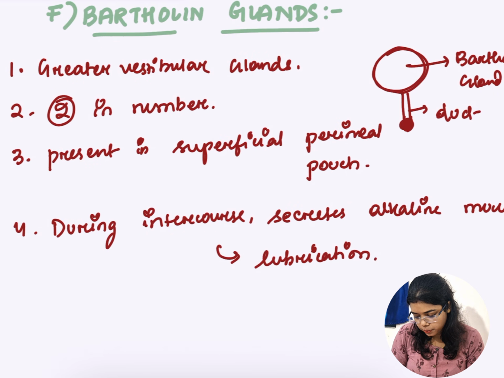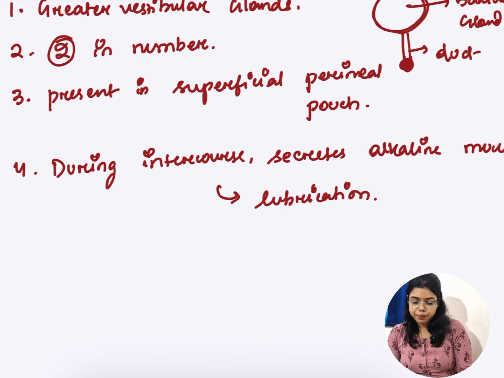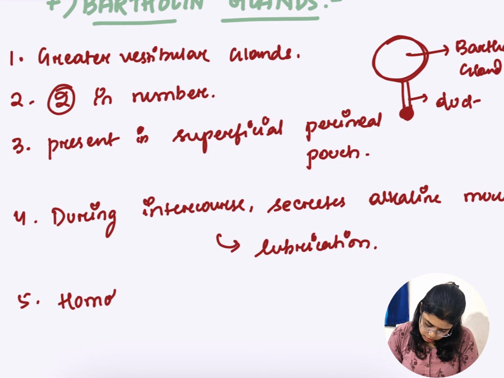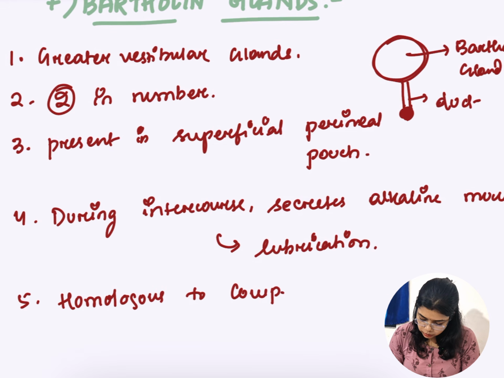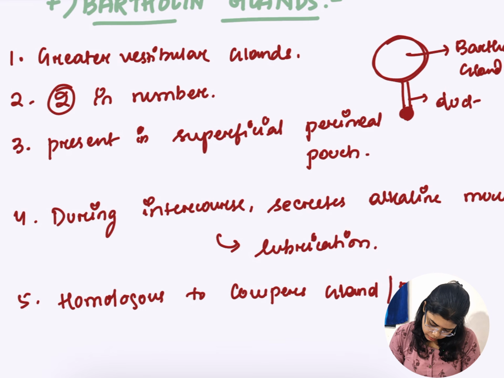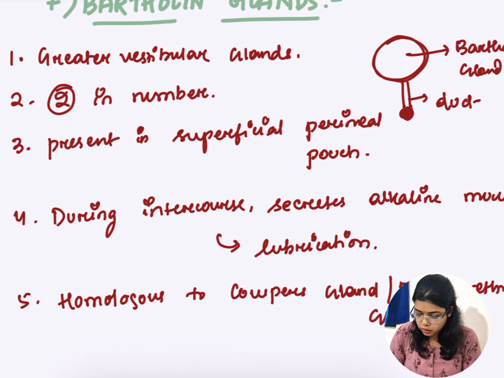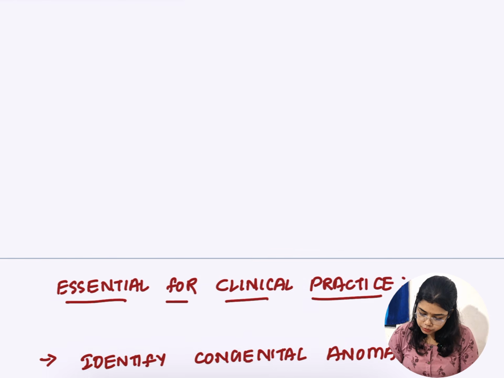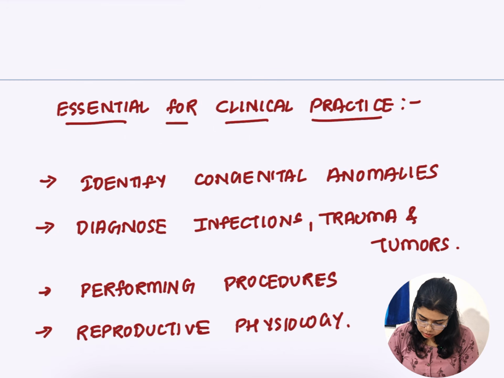Okay, fine. Then in males, it is homologous to Cowper's gland, also called the bulbourethral glands, in males. Fine, complete.